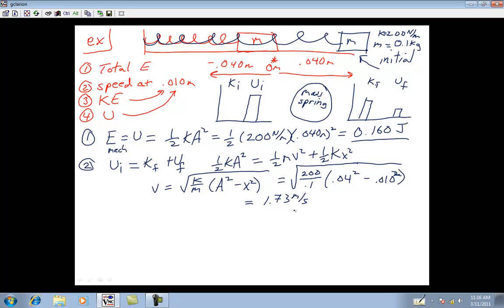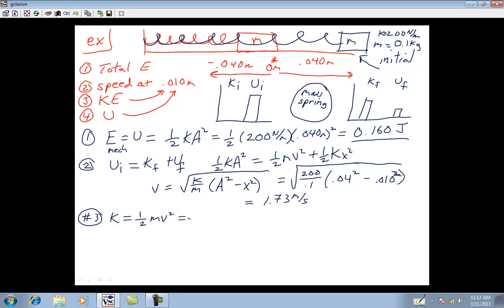And then for number 3, how would I go about finding the kinetic energy at that point? What would I use there? Good. 1/2 mv squared.